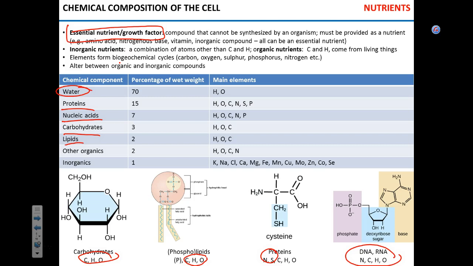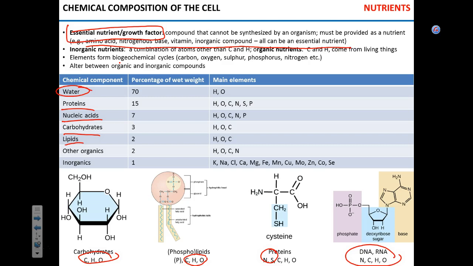So please understand that the examples that I give here are just examples. Do you understand? Growth factor, essential nutrient can be anything. Does that make sense? Anything. The definition is that it's a molecule that cannot be synthesized by a microorganism.